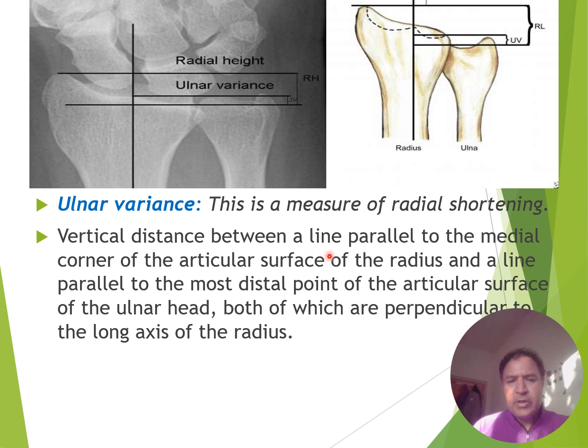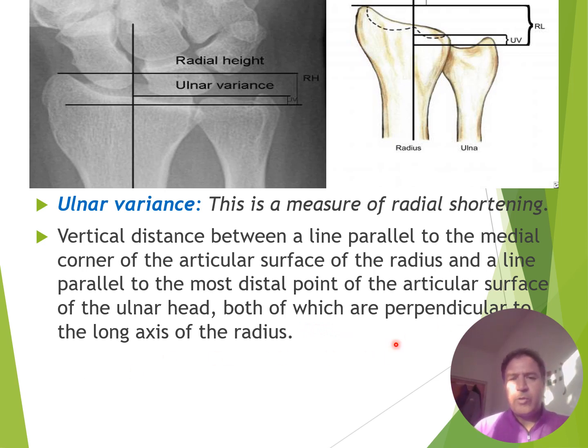So why do we measure ulnar variance? It is the vertical distance between a line parallel to the medial corner of the articular surface of the radius and a line parallel to the most distal point of the articular surface of the ulnar head, both of which are perpendicular to the long axis of the radius. This is the long axis of the radius, and these are the two lines, and this is the ulnar variance.